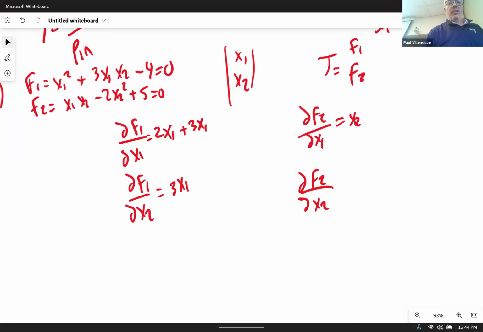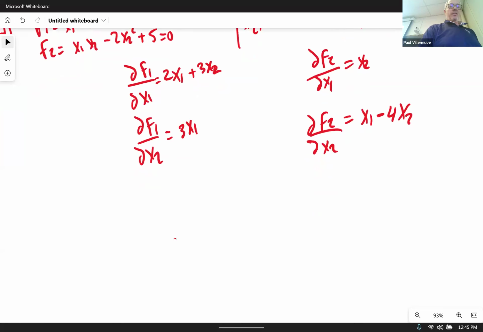Partial of F2 with respect to x2: x1 minus 4x2. And that's it. Yes, sir. Say that again, partial of F1 with respect to what? 3x2, yes, thank you. Yep.